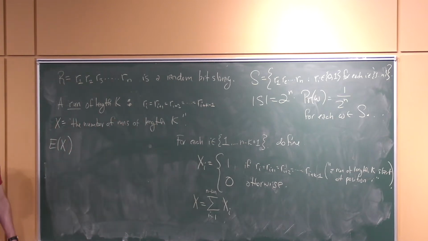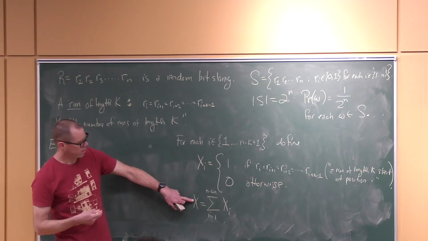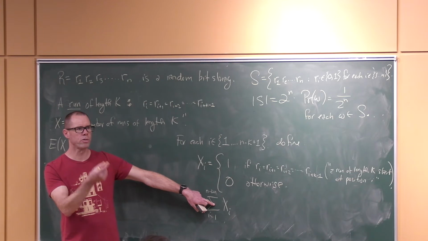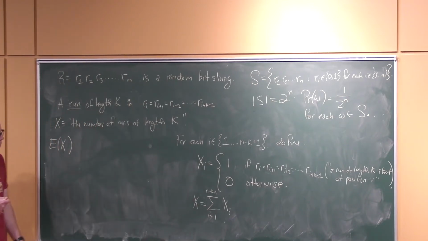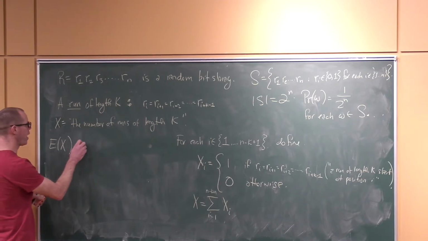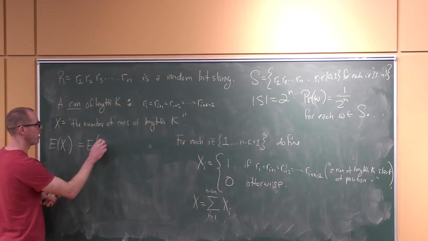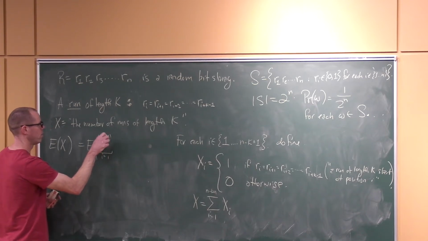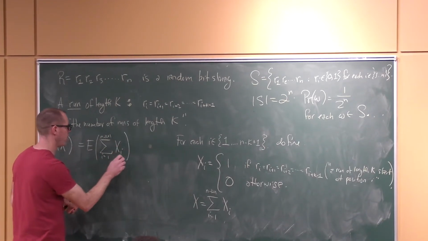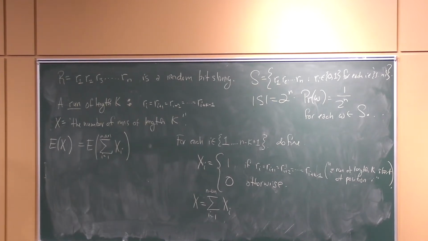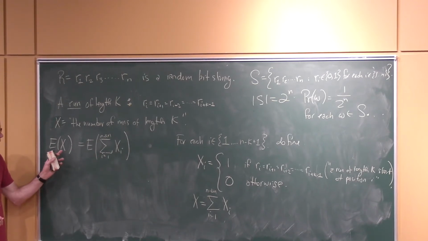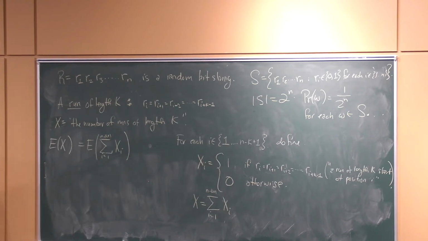If I want the number of runs, x, I just add up all of these things that tell me whether a run starts at position 1, position 2, position 3, and so on. So the expected value of x is the expected value of this sum of xi.